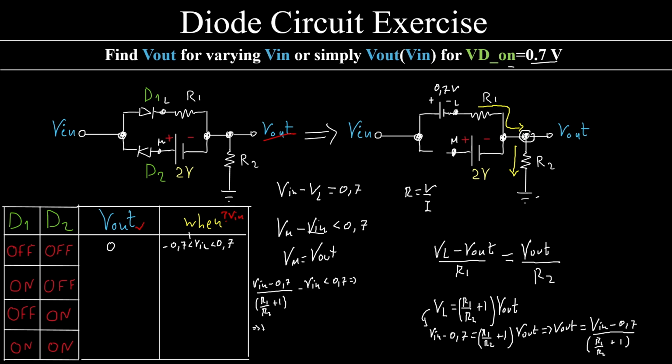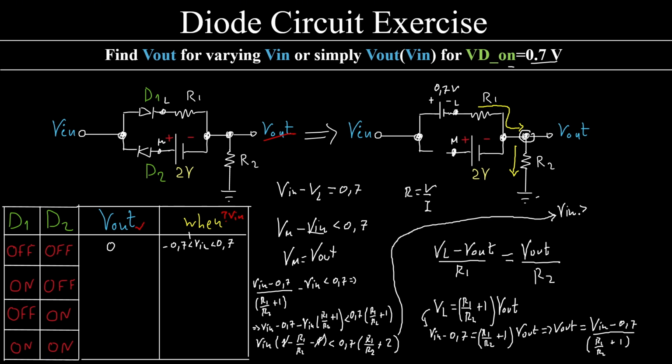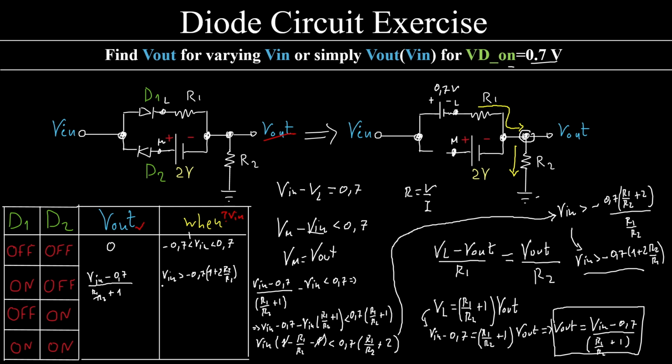So for Vin being more than this value over here, Vout will be like this, which I suspect will hold true when Vin is going to be slightly less than 0.7 up until this 0.7, right?